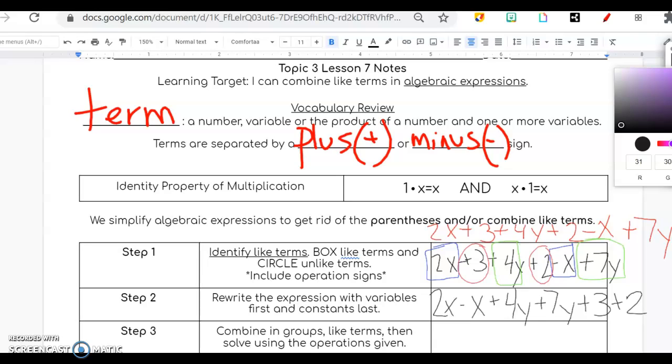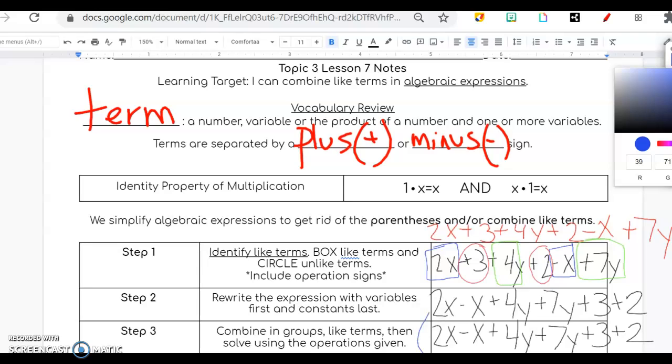All right, so step 3 tells us to combine groups, those like terms. So we're going to combine with what we circled above, or whatever you squared above. You're going to combine the like terms. So I write it one more time: 2x minus x plus 4y plus 7y plus 3 plus 2. I'm going to use the same colors that I used previously just so you can see the visual.